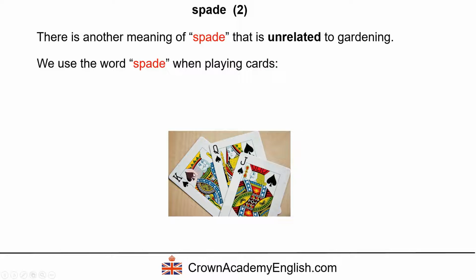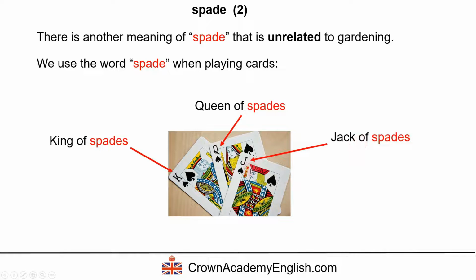So for example, this card is the King of Spades. So this symbol here, this is the spade. Okay, you can see it even looks like a spade. This is the Queen of Spades, and this is the Jack of Spades. King, queen and jack of spades.